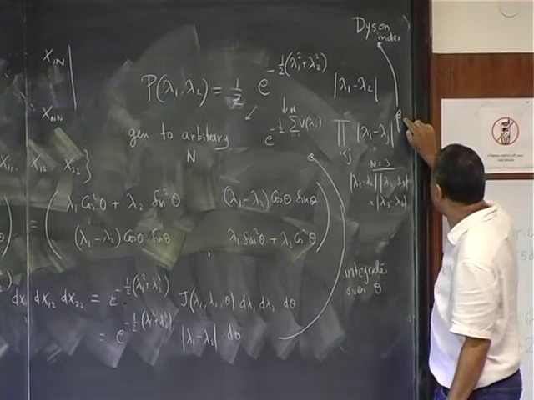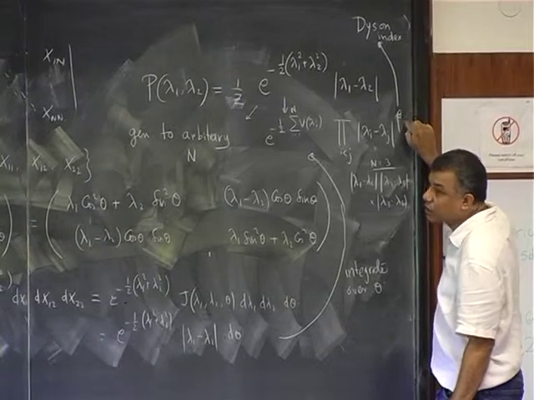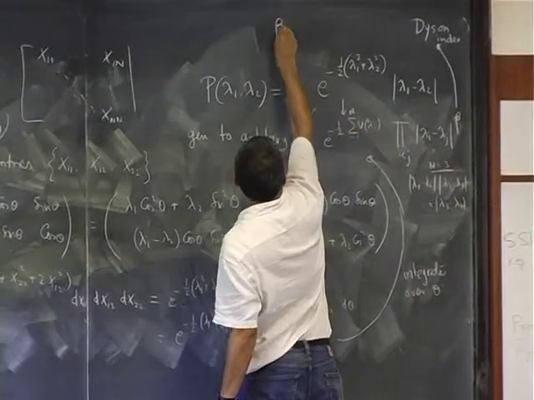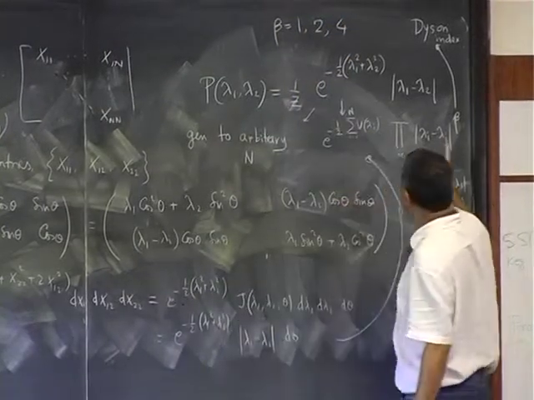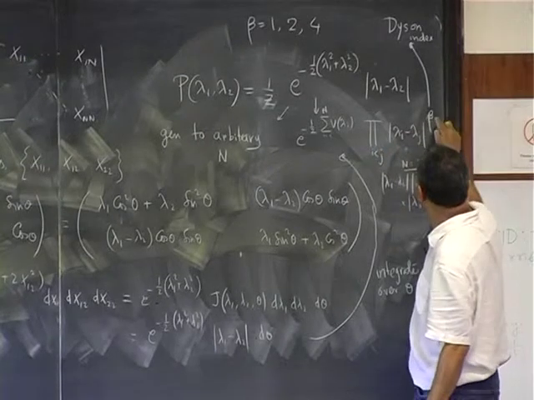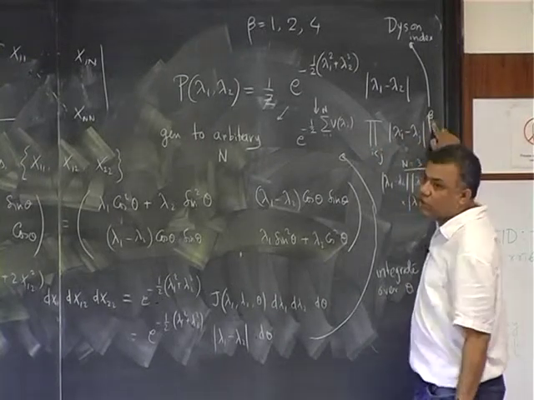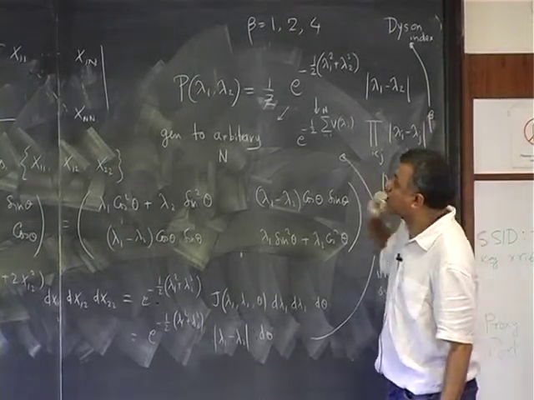And for quaternion matrices, which are invariant under symplectic transformations, beta happens to be 4. So beta has quantized values, if you like, which are 1, 2, or 4. And the joint distribution always has a similar looking form, except that this power, the strength of the van der Monde term, changes from 1, 2, or 4, depending on the three ensembles.